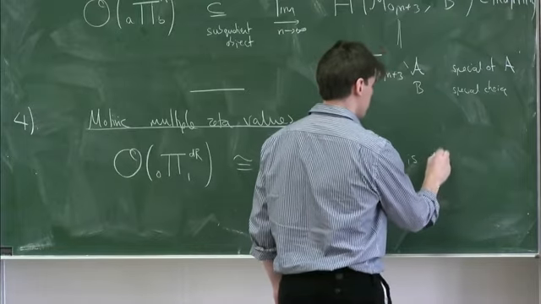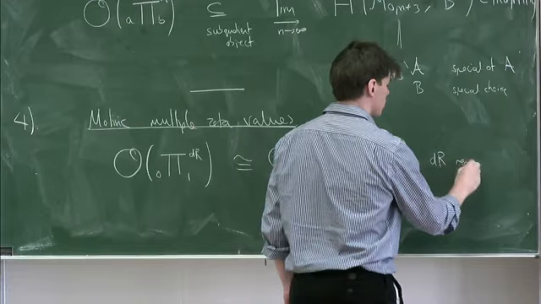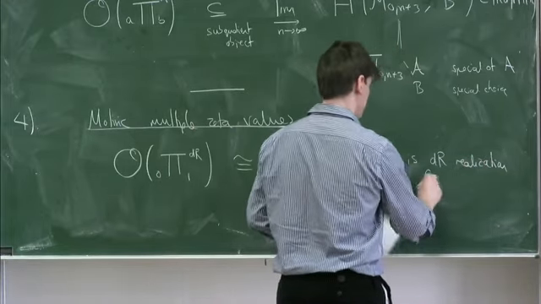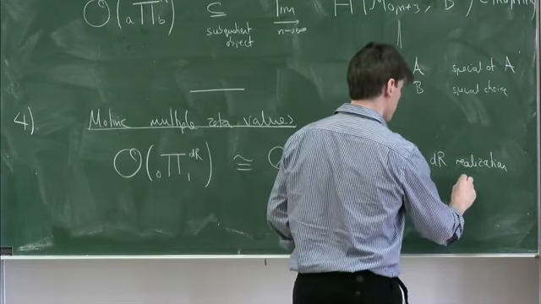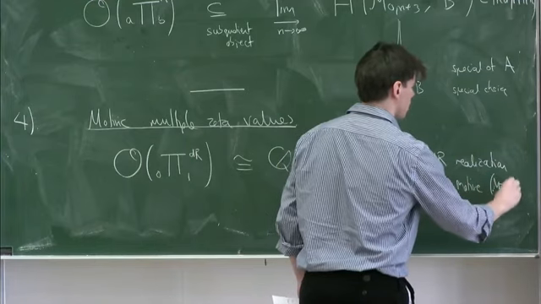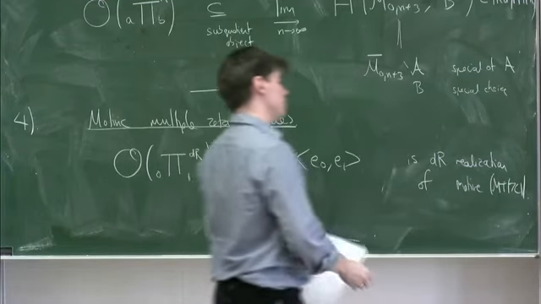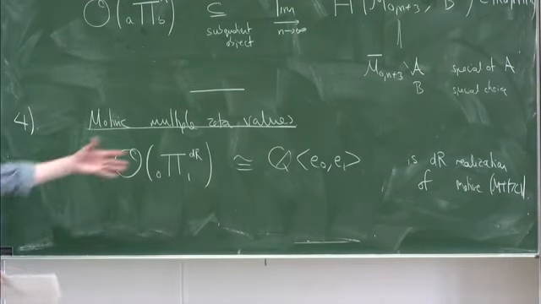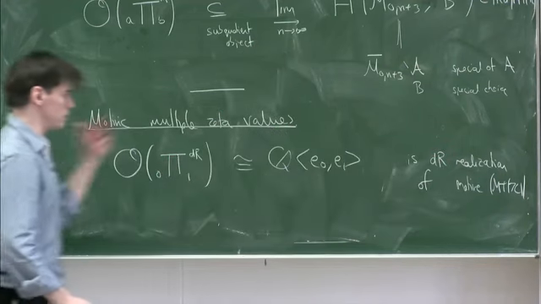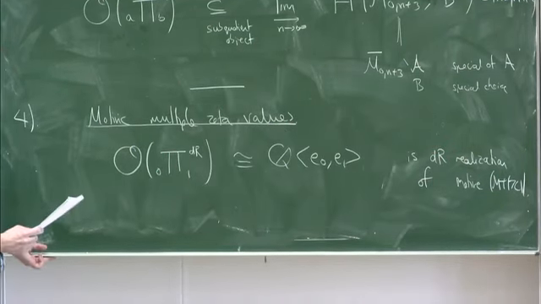It is, in fact, the de Rham realization of a motive. So for me, that would always be an ind mixed Tate motive over Z. That's a highly non-trivial theorem, and it's work due to a lot of people. So I'm just going to take this as a black box today.